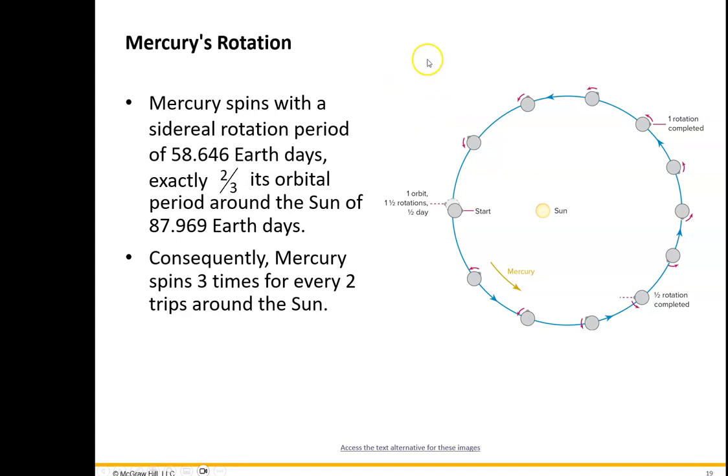That is, the time it takes the moon to rotate on its axis once is the same time that it takes to go all the way around the Earth. For Mercury going around the sun, every 2 times it goes around the sun, it spins on its axis 3 times, and that's called a 3-2 resonance.